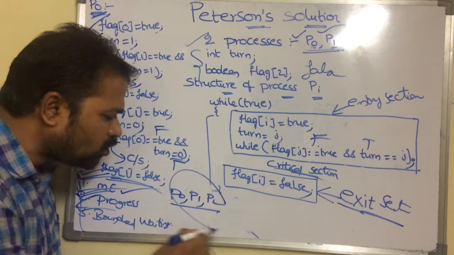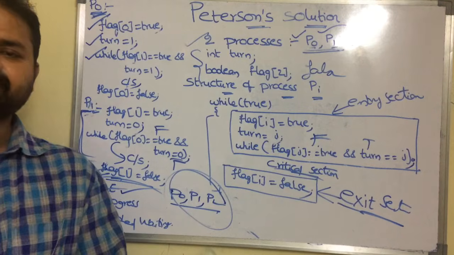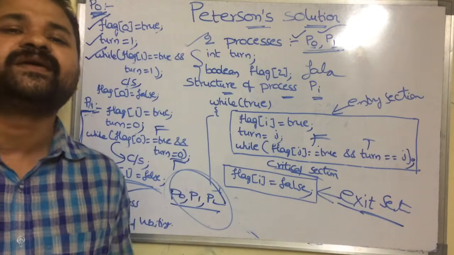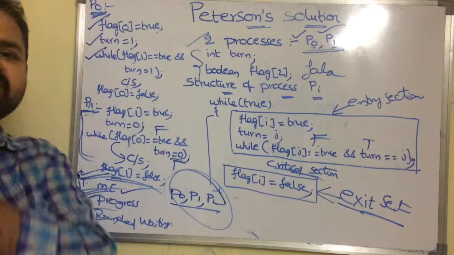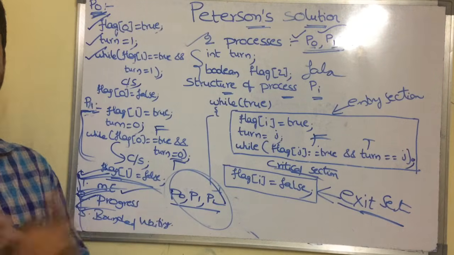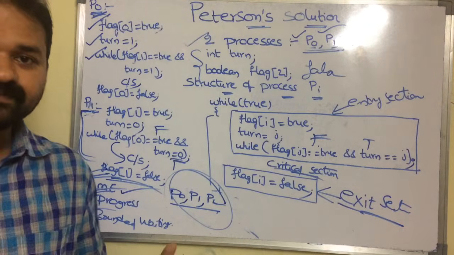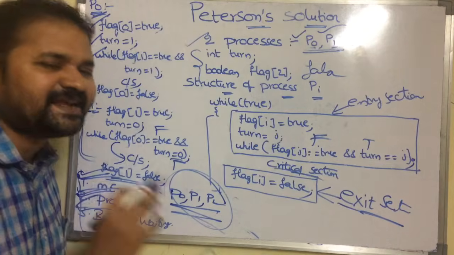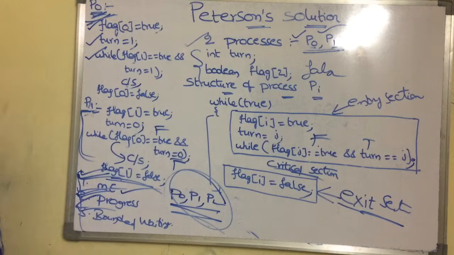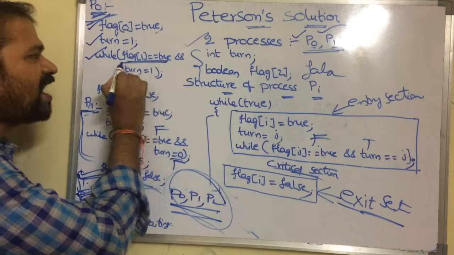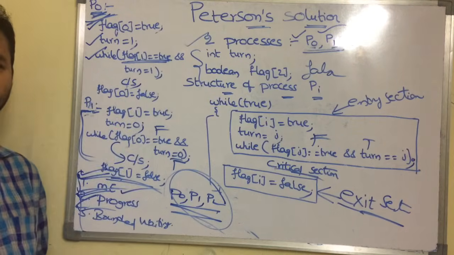So progress means out of all the available processes, we have to consider only the interested processes which should enter into the critical section, as well as the corresponding decision should be taken in a finite amount of time. Let us assume that we are executing P0, and here we are executing the statement while flag of 1 is equal to true.